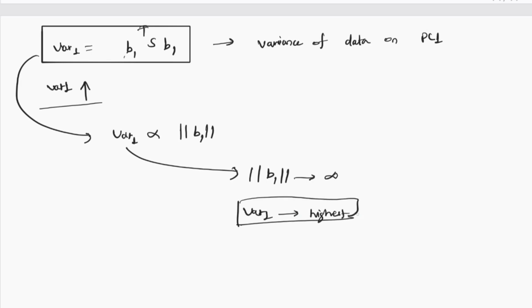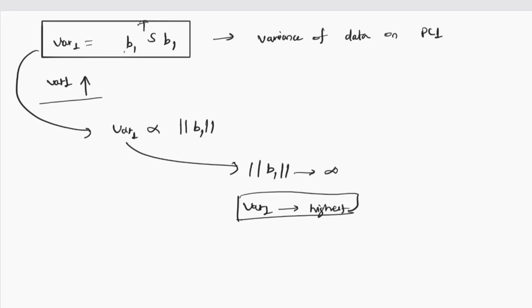So this is kind of a problem, because we do not want to keep B1 as infinity, and we just want to have the direction of that basis vector of that PC1, where we want to project all the data points and get the maximum variance out of it, not by making the magnitude of B1 infinity and then getting the maximum variance.